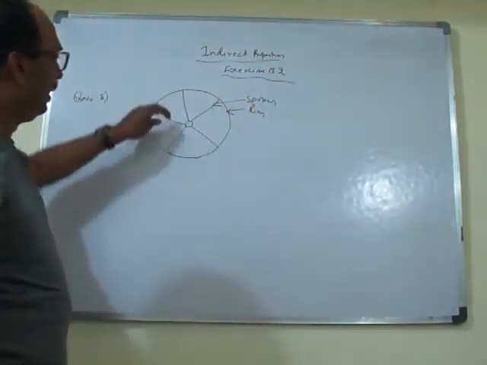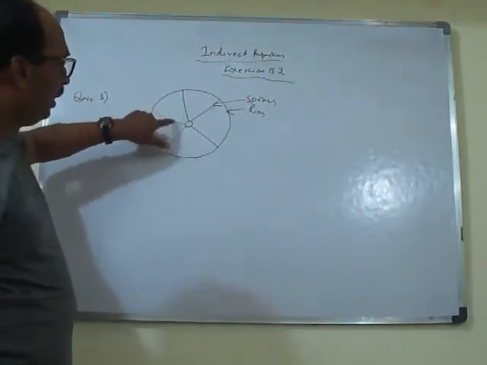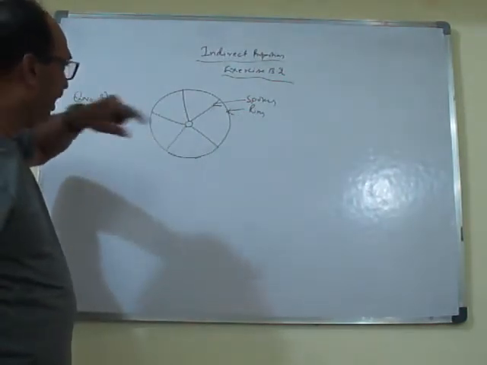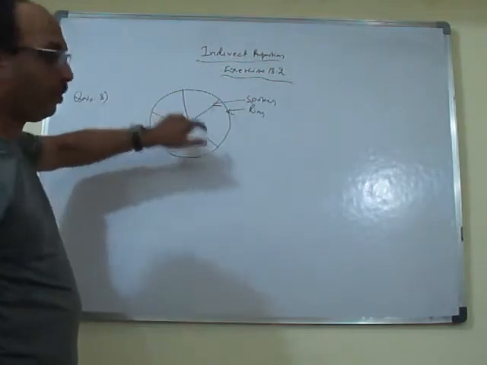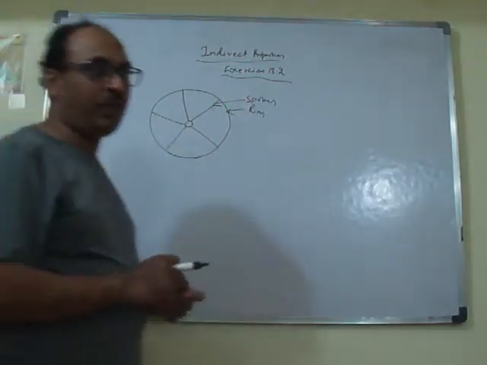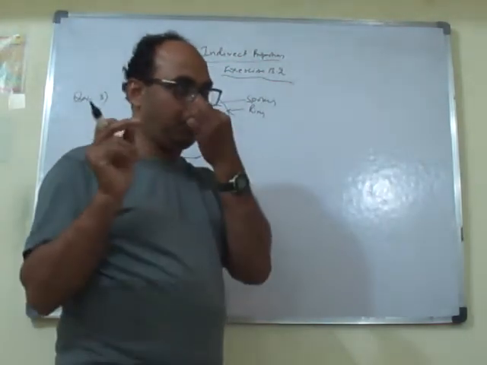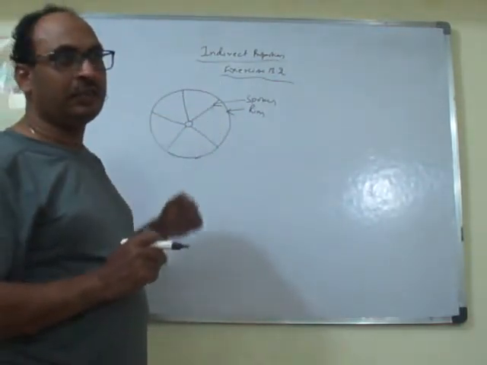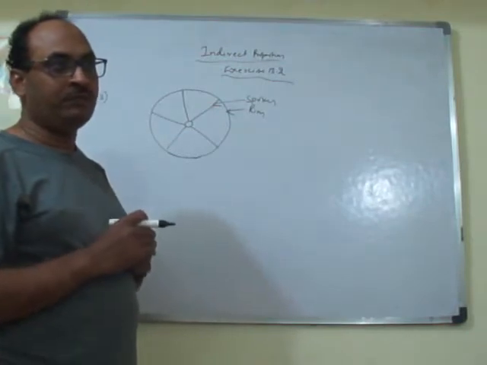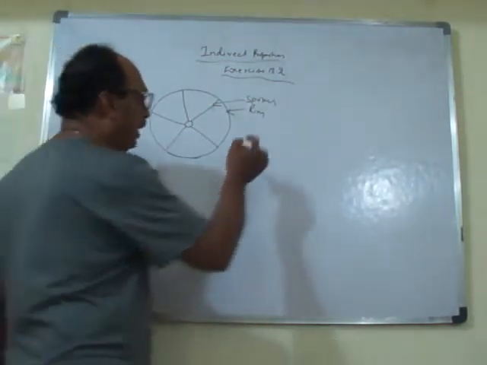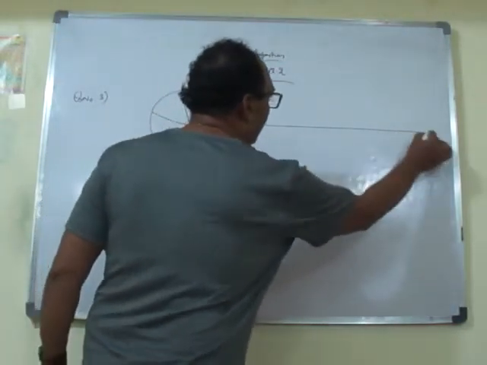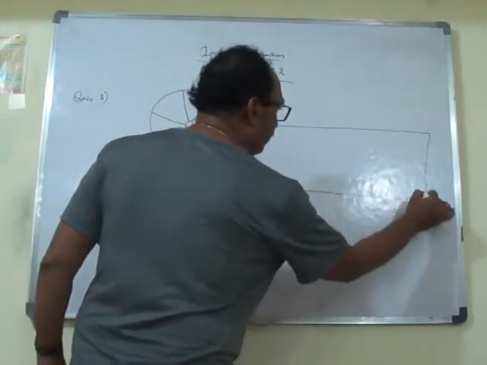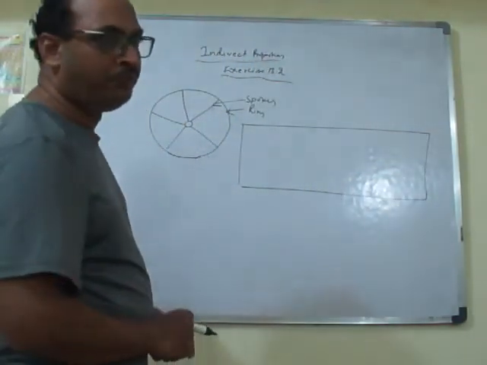What he is doing is that between two consecutive spokes, the angle between them will be equal for all. He wants to fix equal spokes in such a way that the angles between any pair of consecutive spokes are equal. Now we need to complete the table which is given to us. So what is the table?